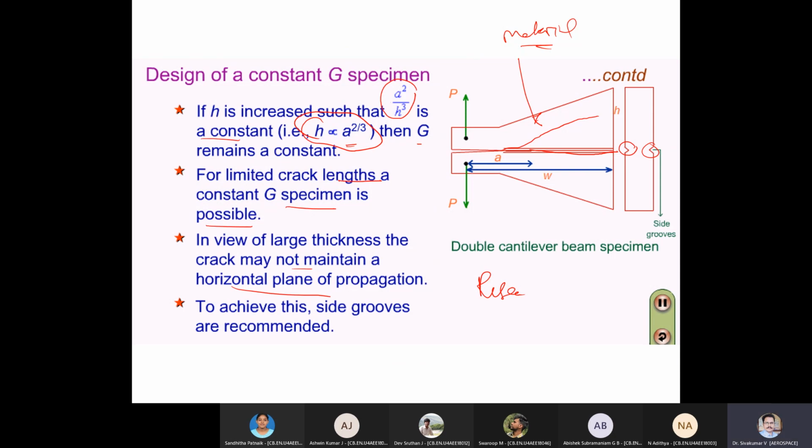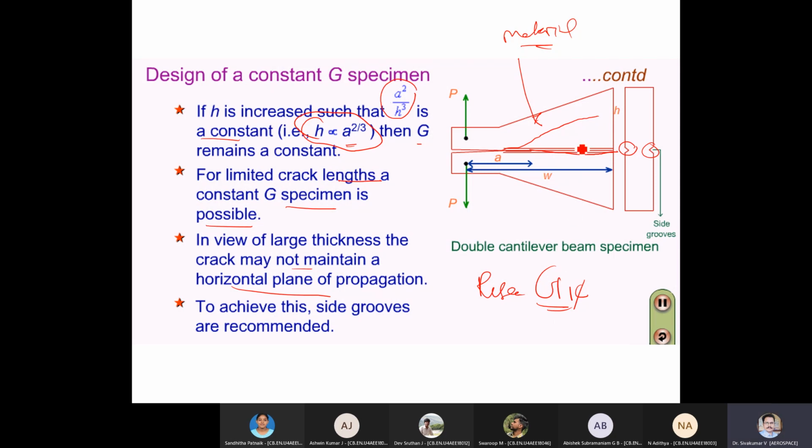I need to prove to society that my material has a G1C. This is my material's carrying capacity.